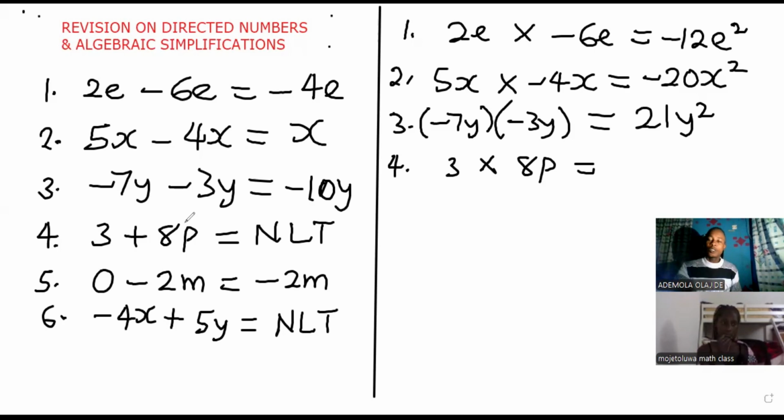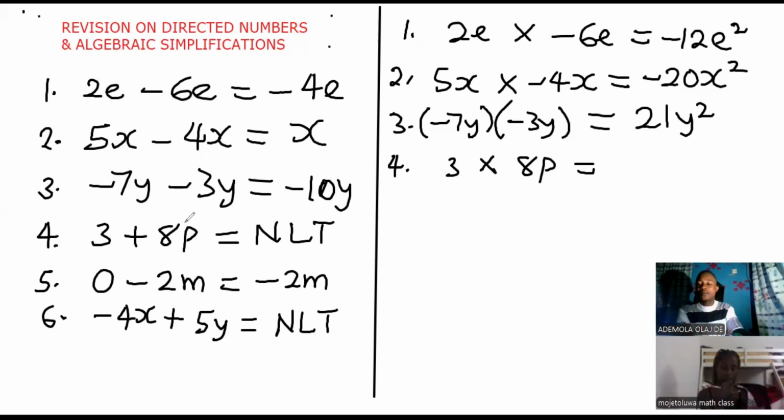When you are multiplying, there's nothing like, they are not like terms, so you still multiply. So we have to times them. That is going to give us 24p. And you know their sign already, positive times positive is positive, and 3 times 8 is 24. So the p will be there together. 24p. That's correct.